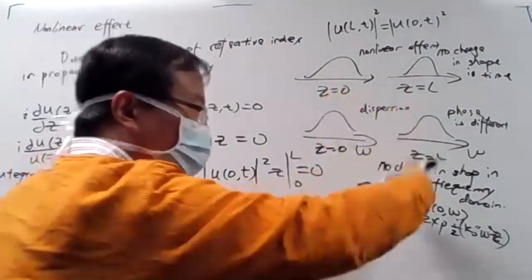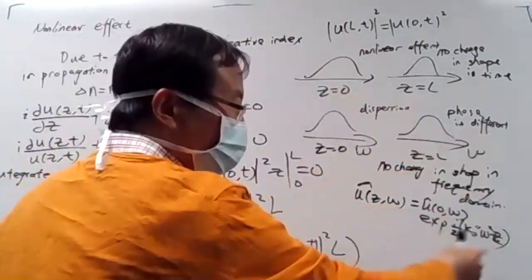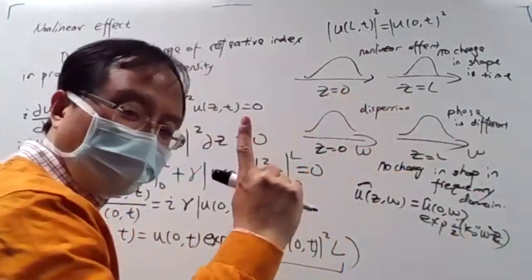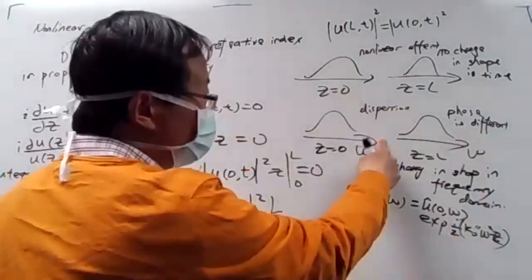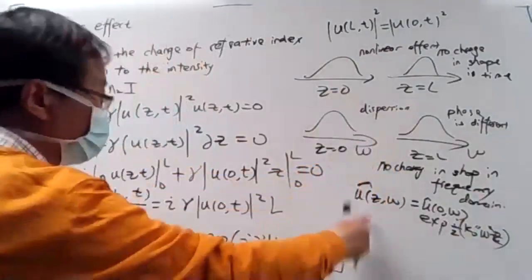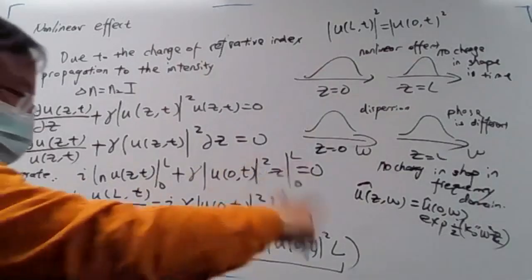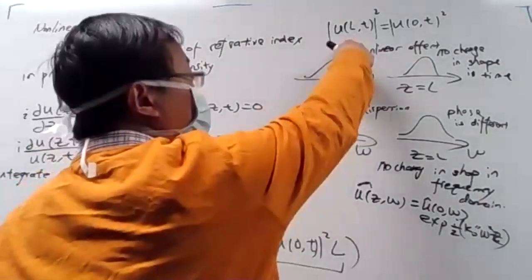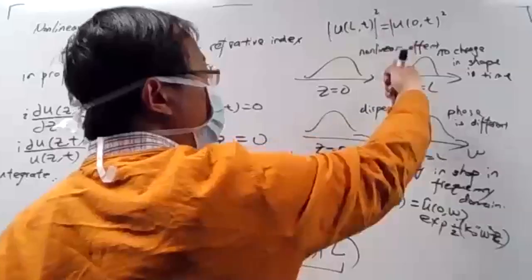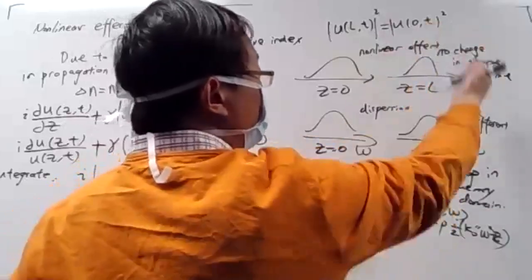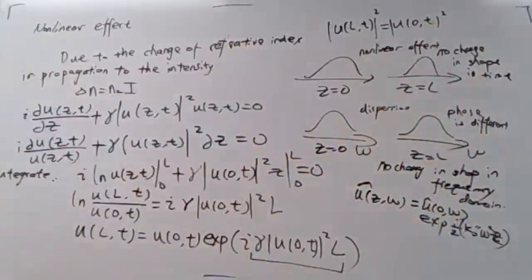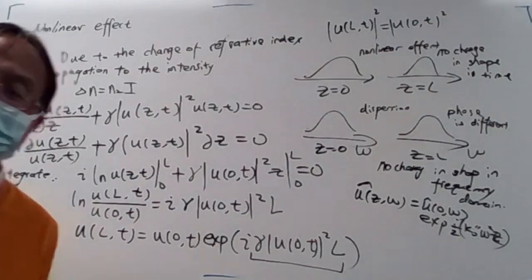If we take the absolute value squared, this exponential i theta is 1, so it does not change the frequency domain. But for the nonlinear equation, if we take the absolute value squared, the pulse shape or amplitude doesn't change, but the phase is different.